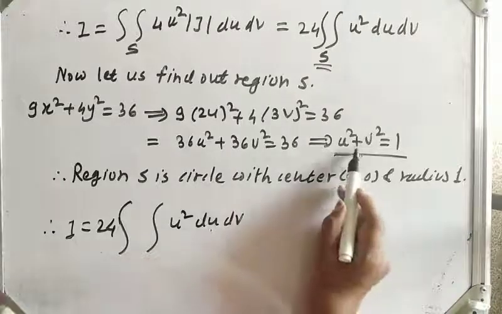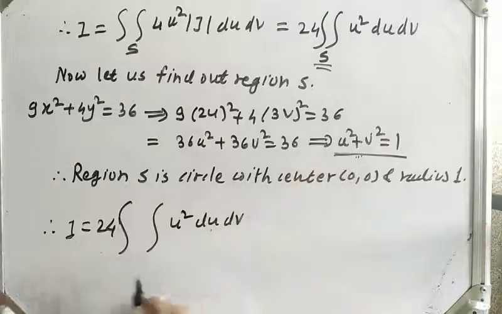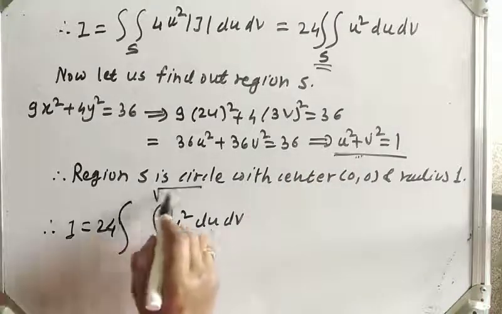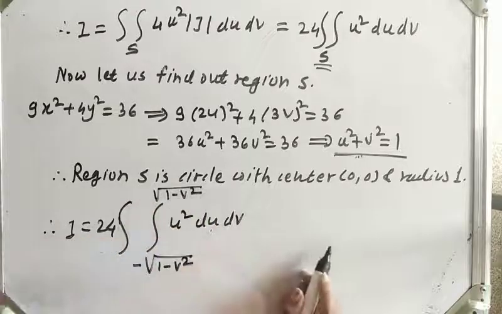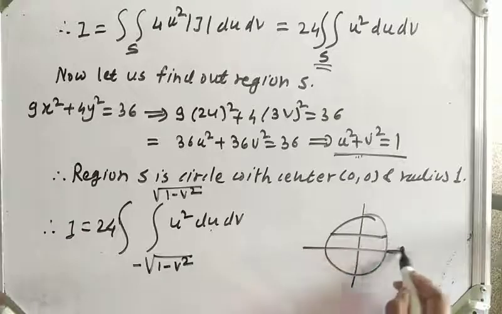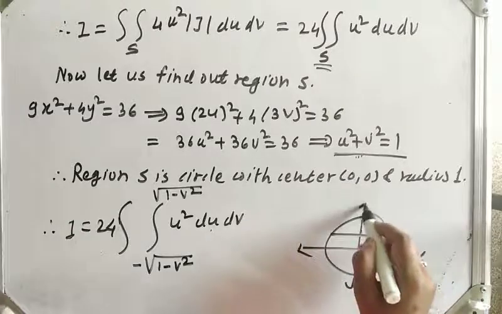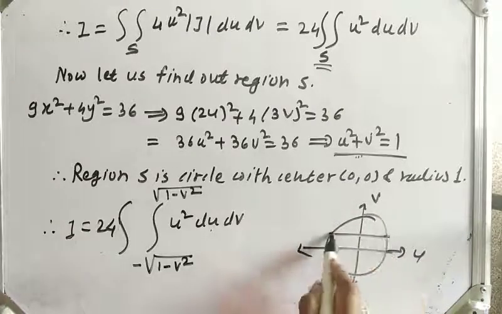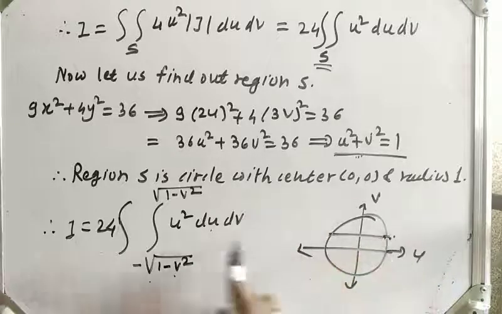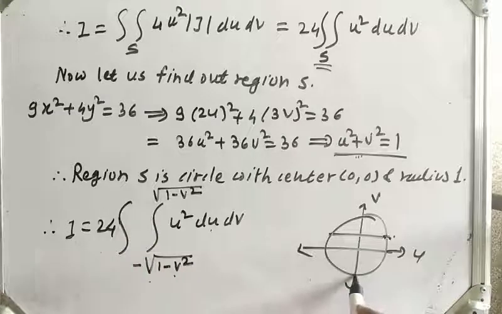So u will be from minus square root of 1 minus v square to plus square root of 1 minus v square. This is u, this is v. The strip touches the circle on the left, so minus of this, and on the other side plus of this, and v varies from minus 1 to 1 because the radius is 1.